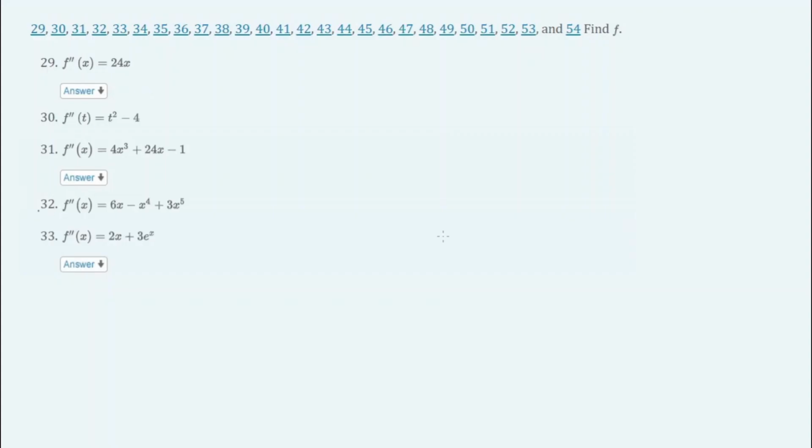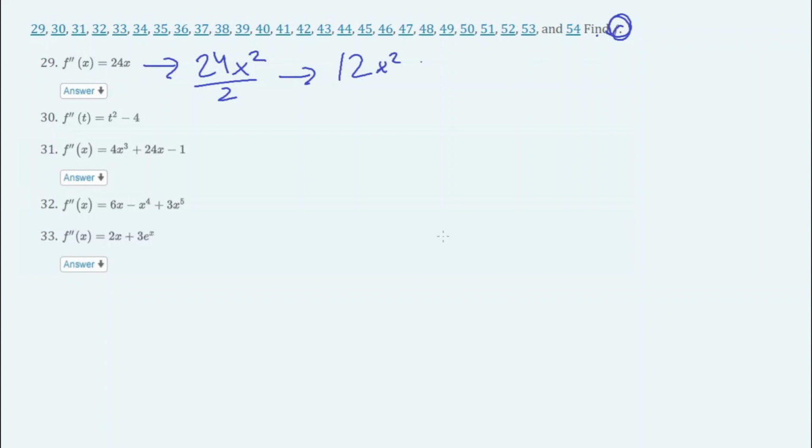Alright, so let's take a look at these few questions. In these questions we're given the second derivative, and we have to find the function. Basically we have to find the antiderivative twice. So for number 29, we raise the exponent to the second power, 24 divided by 2, and that's going to give us 12x squared, which is our f prime.